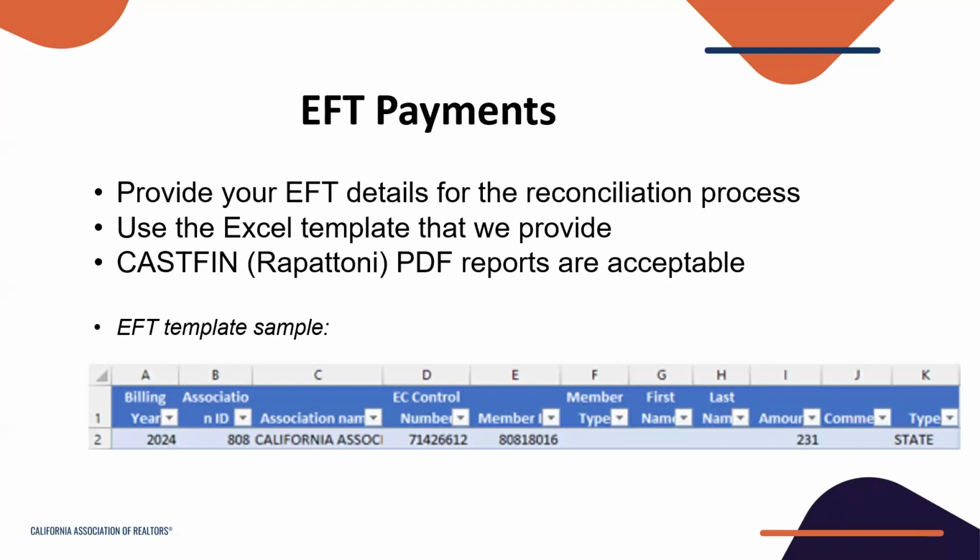Notice that it has the billing year, association ID, association name, EC number, member number, the amount, and the type of payment. If you are a Rapatoni association, you can provide CASFIN reports in PDF format. However, you must indicate the EC numbers that tie to the totals on each report so that we can load those into the matching program.